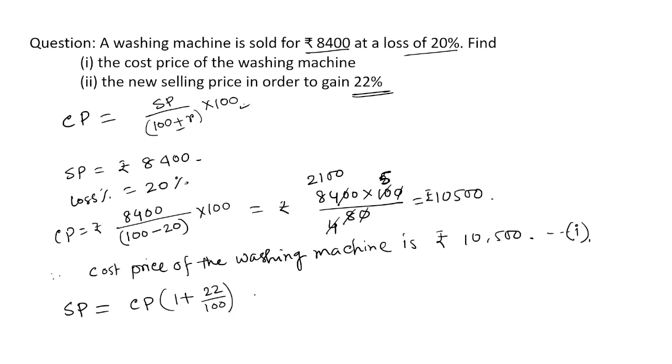That is the formula we have already written. So now it is 10,500 into 122 by 100. Now cancel it, so it is 105 into 122.